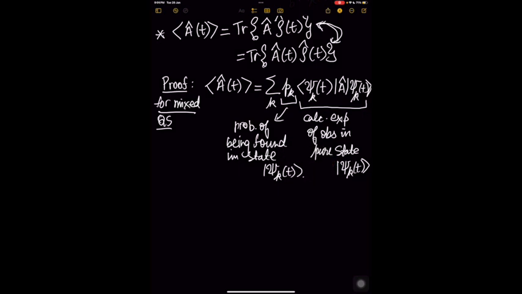Probability of your quantum system being found in the state psi k t, and then you sum over all k, and then you get the expectation of the observable A. If this is not clear to you, please think about it more carefully.